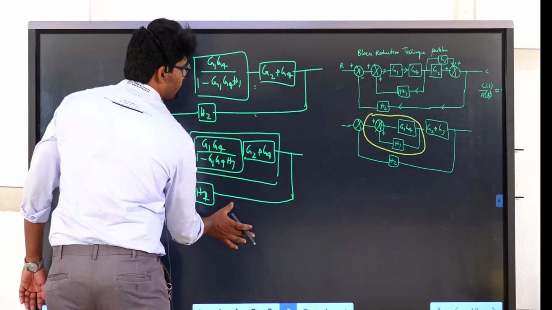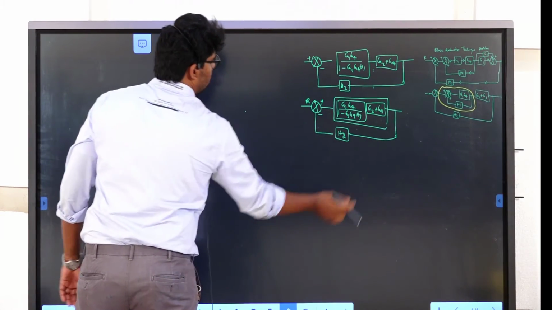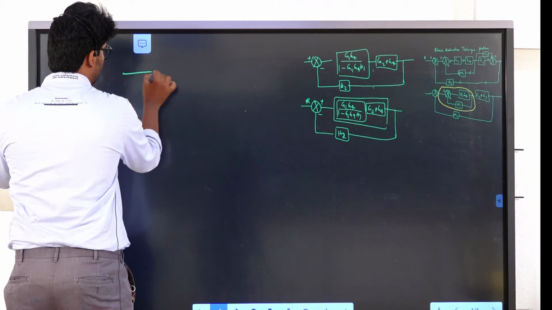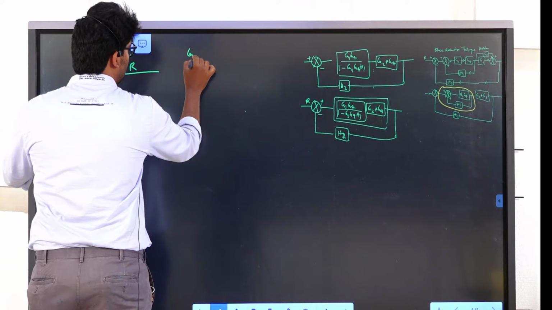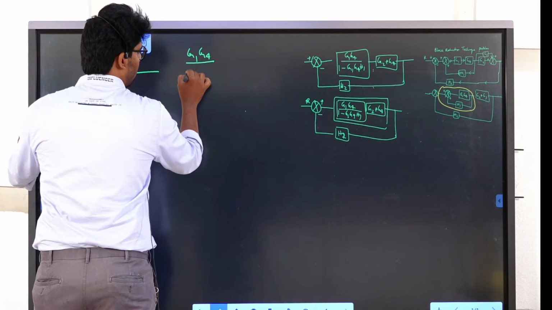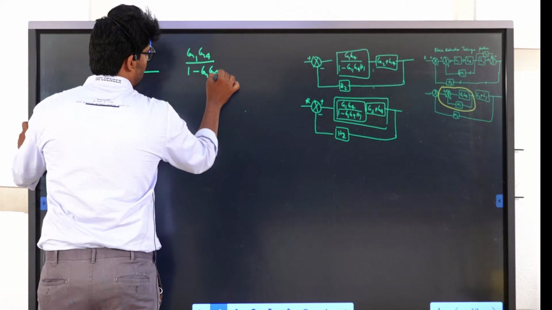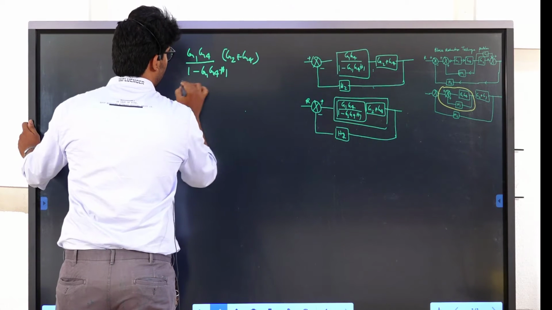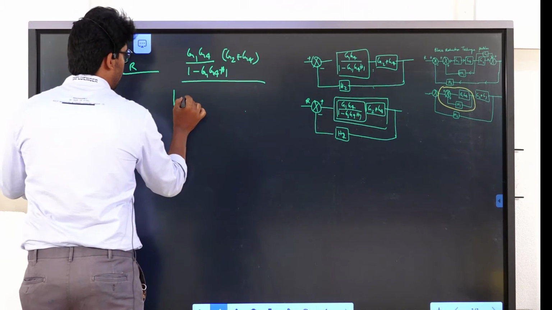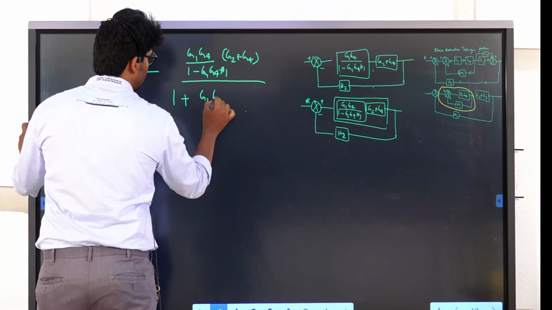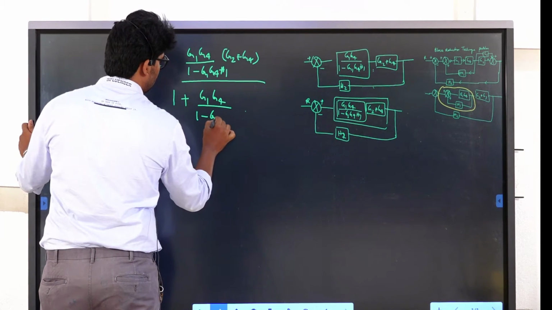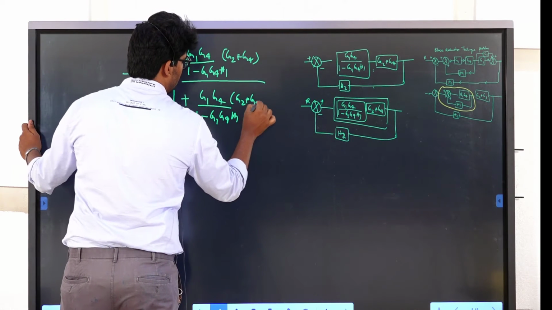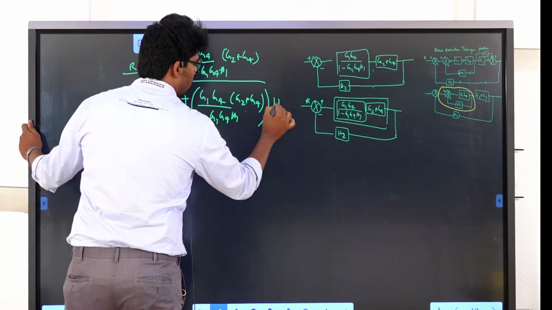How will I reduce it? Directly I get this one block: G1 G4 by 1 minus G1 G4 H1 into G2 plus G3, divided by 1 plus G1 G4 divided by 1 minus G1 G4 H1 into G2 plus G3 into H2.